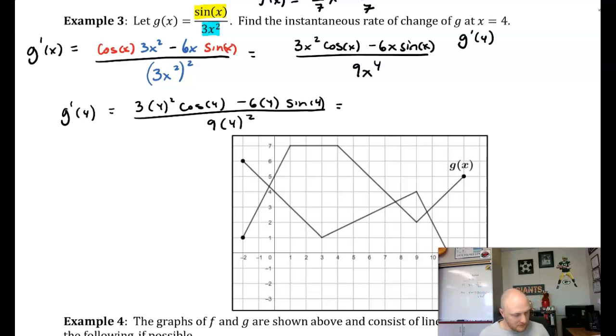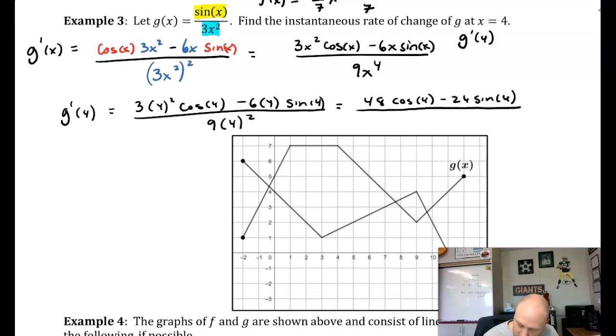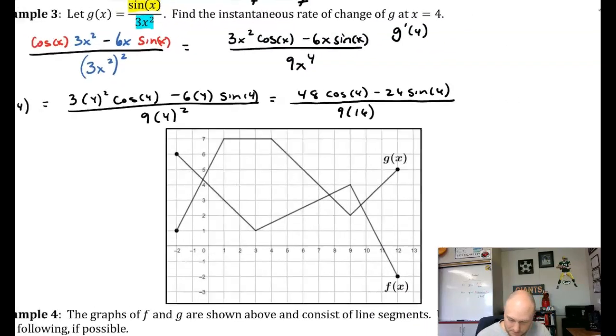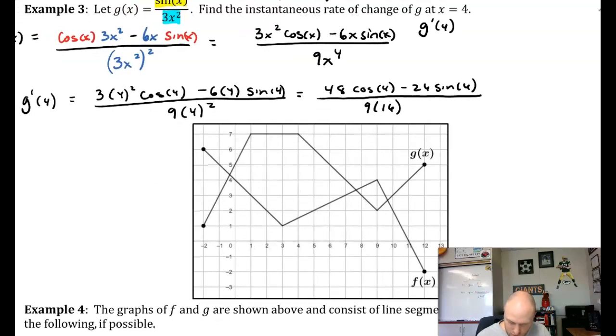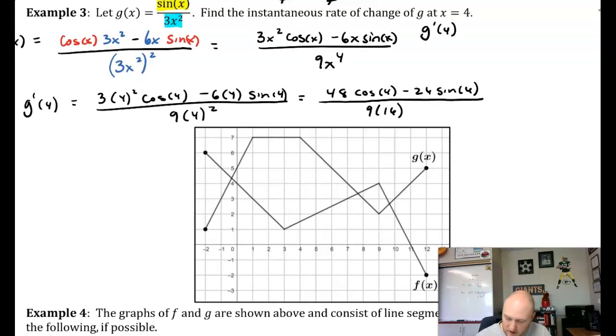If we clean this up, 16 times 3 is 48 cosine of 4 minus 24 sine of 4, and 9 times 16 would give us 144.